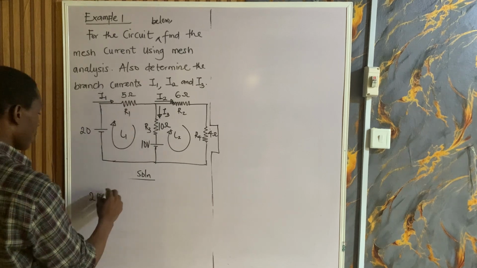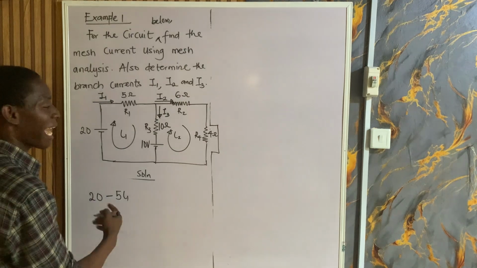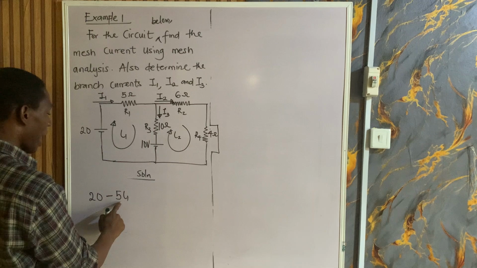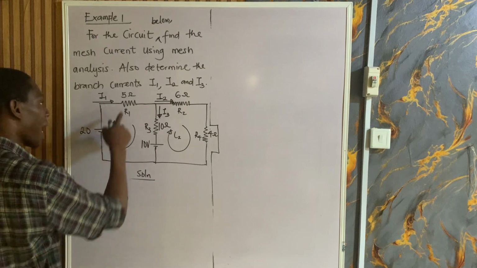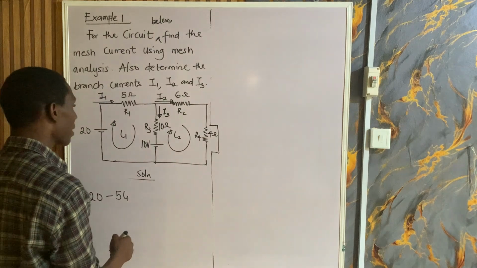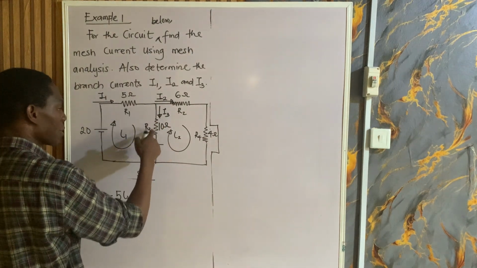Then for this, it is minus 5 I1, or I1 times 5. That's Ohm's law, IR. R1 is 5 ohms, so 5 times I1. Then when I get to this middle one, understand that these two currents flow across this middle part.